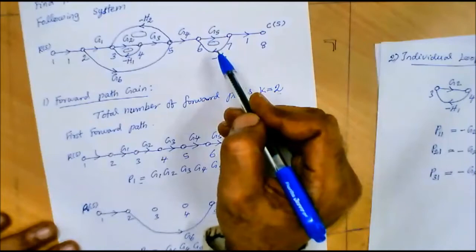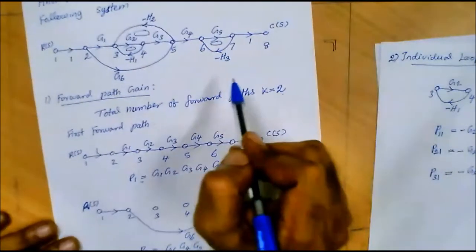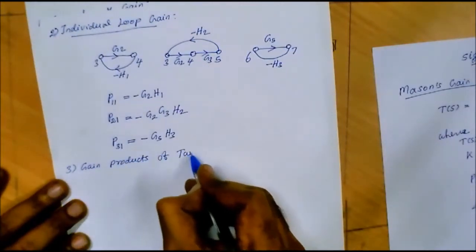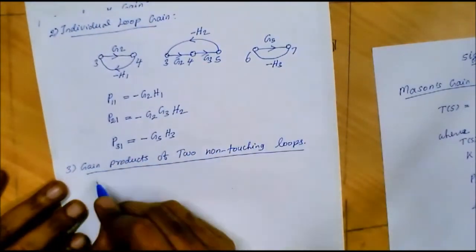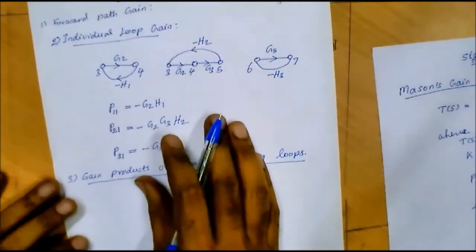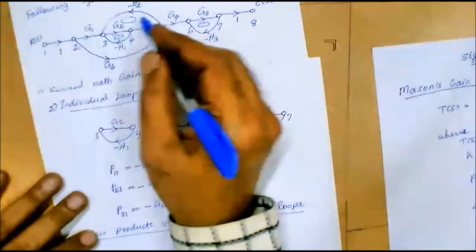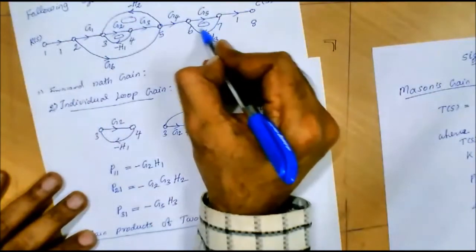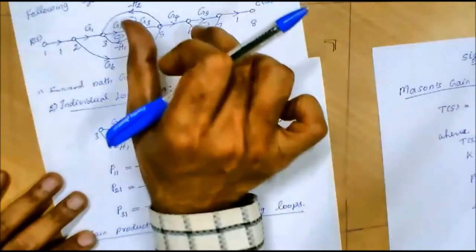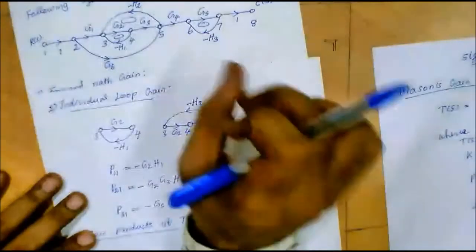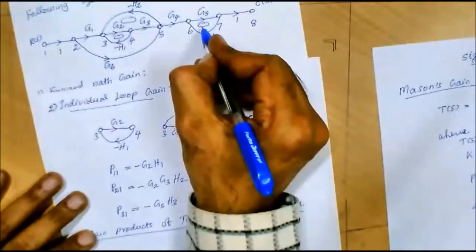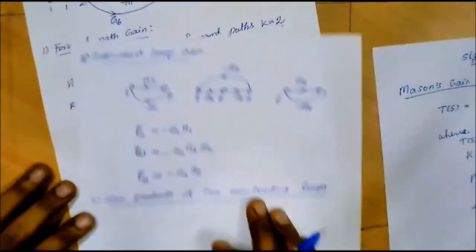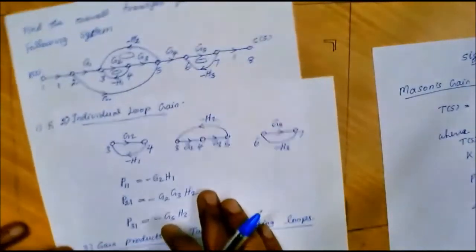Now we are going to draw the gain products of 2 non-touching loops. First we take this loop and this loop as one combination of non-touching loops, and this loop and this loop as another combination. So first let us consider this loop.